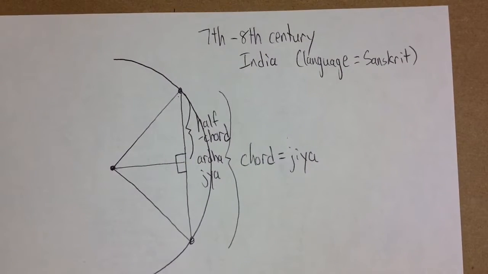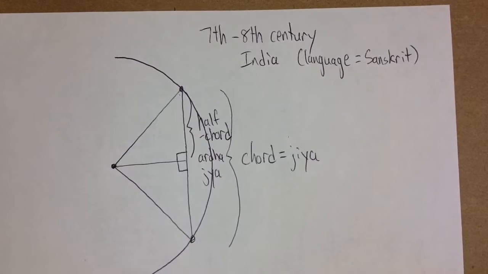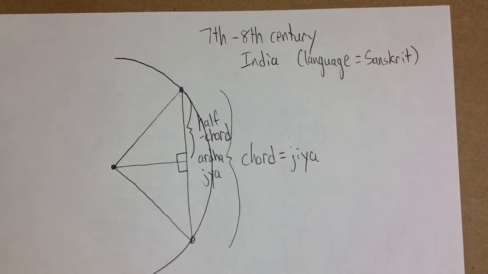The next people who got this knowledge, on its way to us or the descendants of many of us. What's in between India and Europe? The Middle East. There we go.